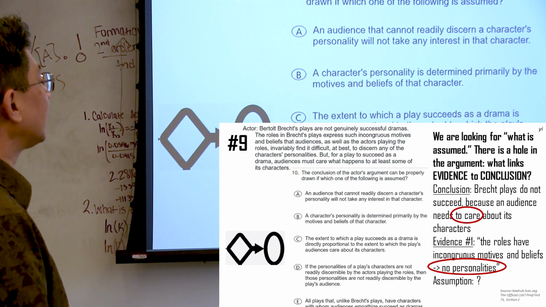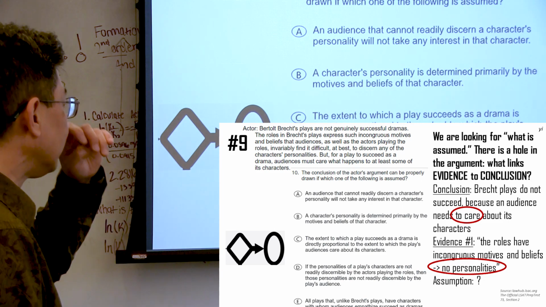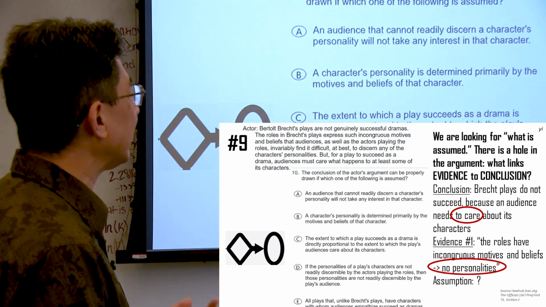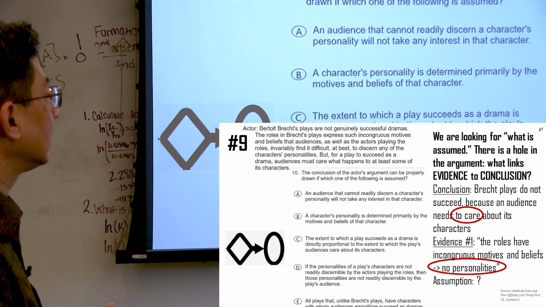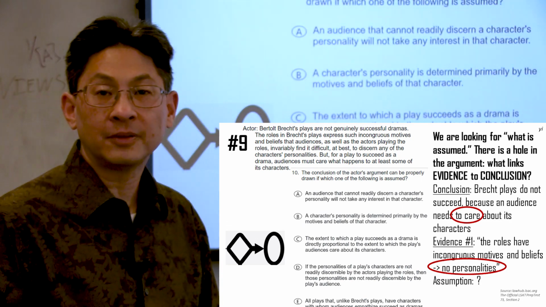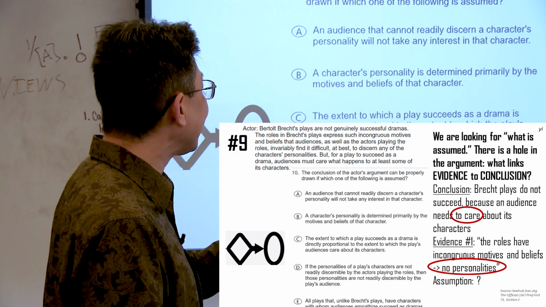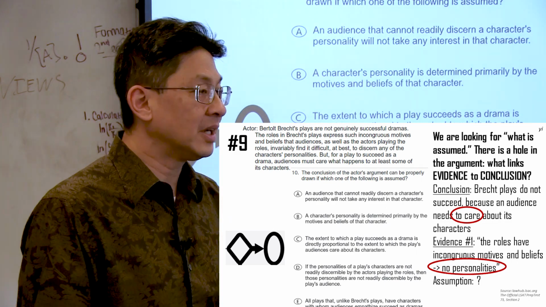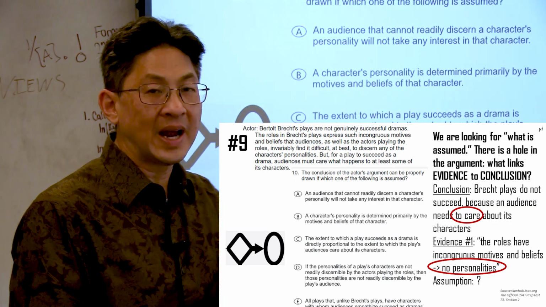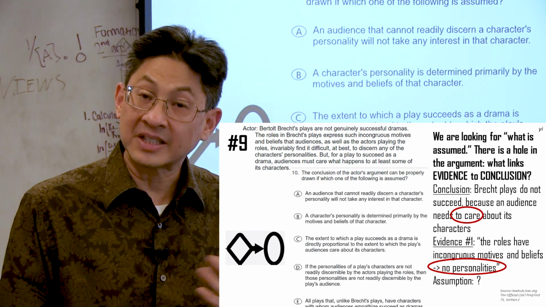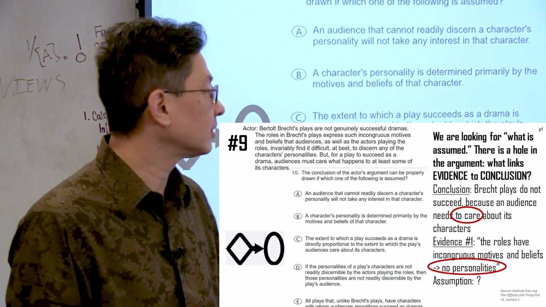A says an audience that cannot readily discern a character's personality will not take any interest in that character. Yes, that matches perfectly. You see how that A answer choice pretty much links directly to I don't understand their personality, therefore I don't care. That's the missing piece, and that's what A does.